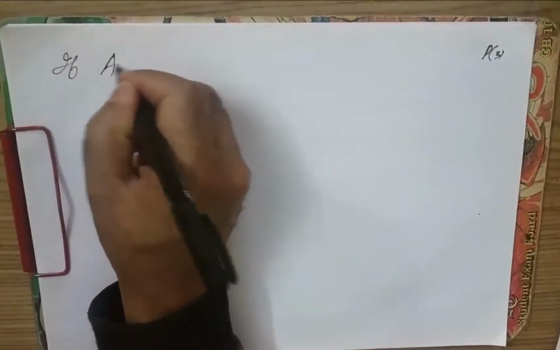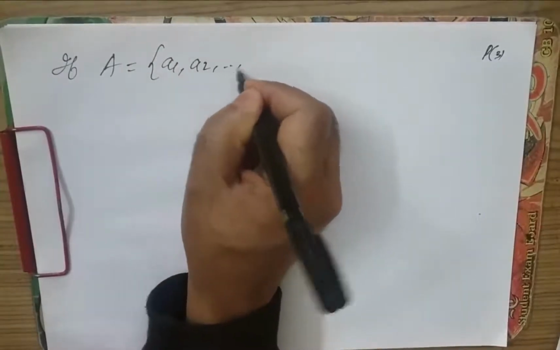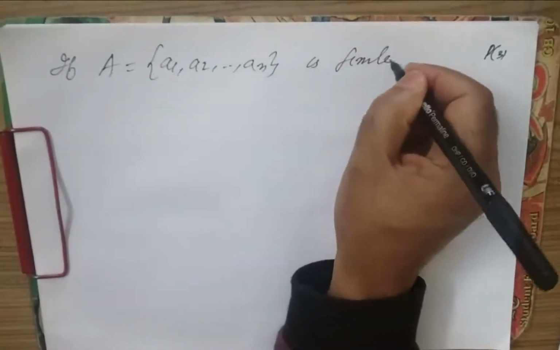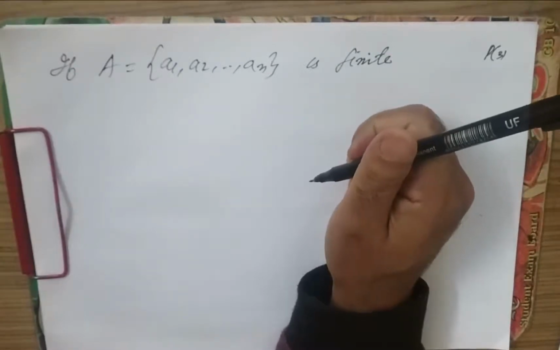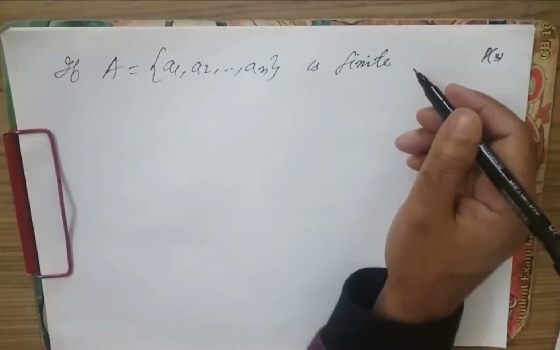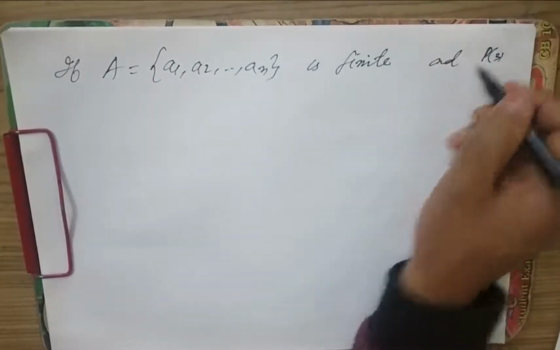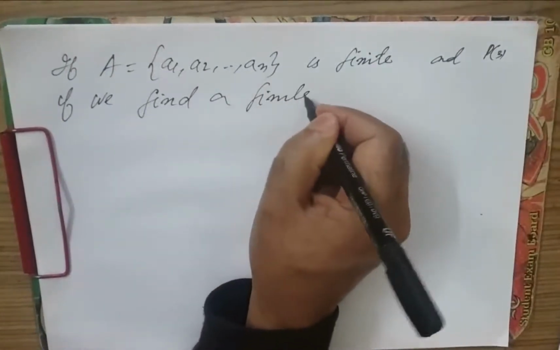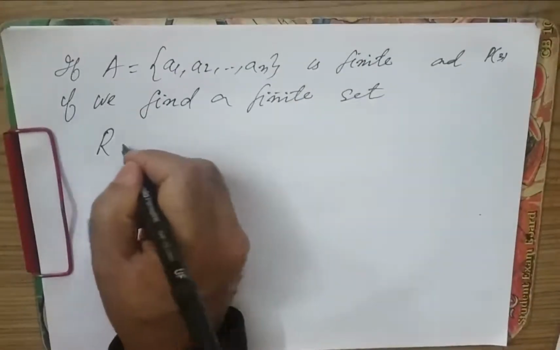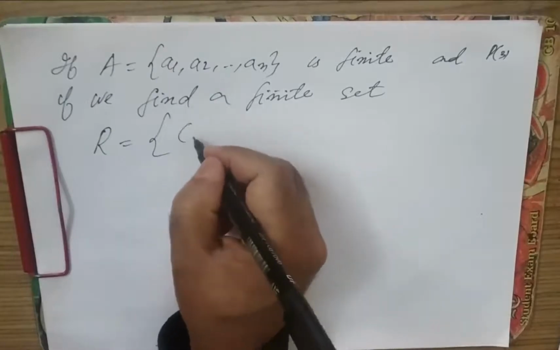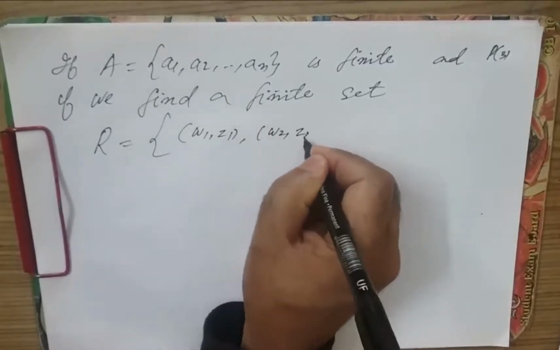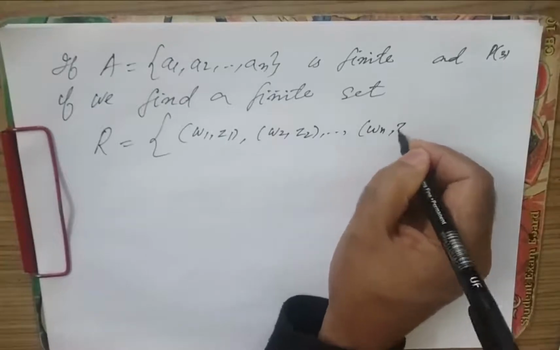Let's take A, the generator of the semigroup, A1, A2 up to An; if it is a finite set with cardinality n, and if we can find a finite set, say R, which is a set of ordered pairs like (W1, Z1), (W2, Z2), up to (Wn, Zn).